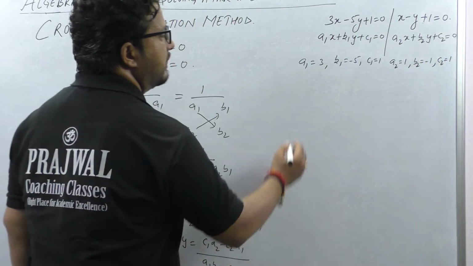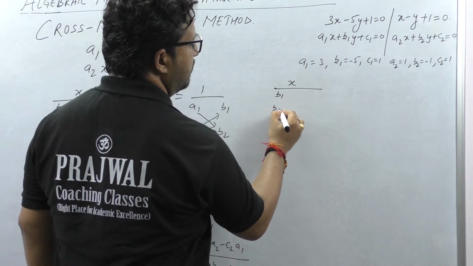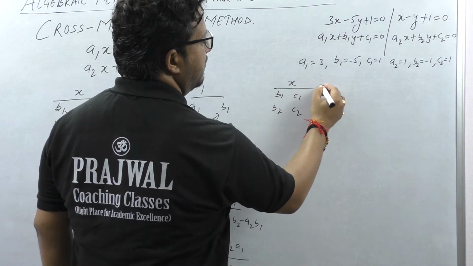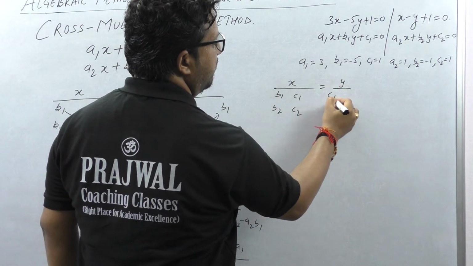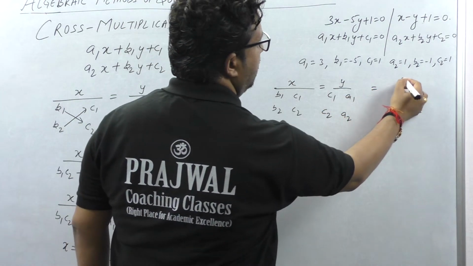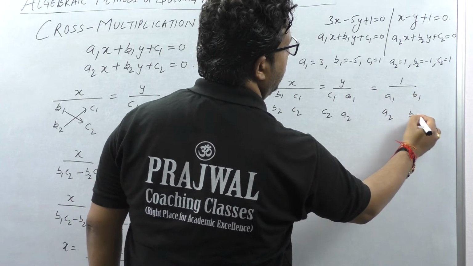Then in the same way, we write x: b1 b2 c1 c2. Here for y, c1 will be repeated again, and it will be a1 a2, and here 1, a1 a2 b1 b2.